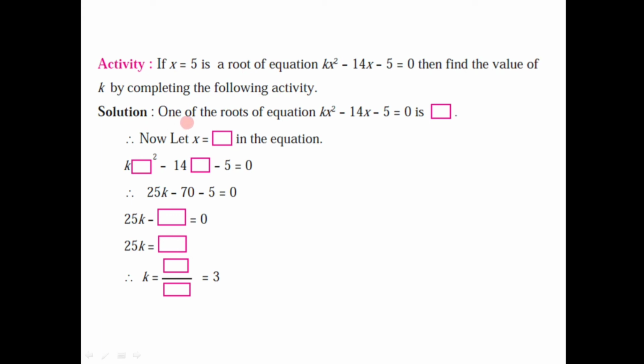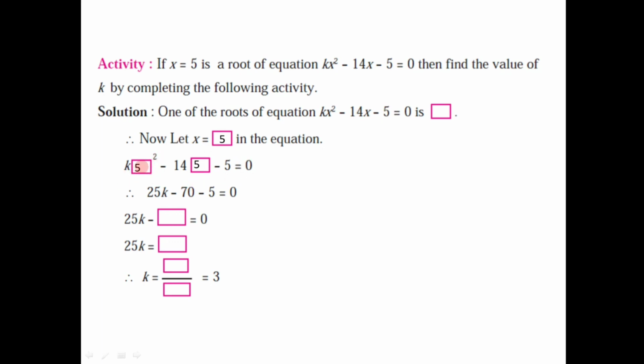So the first step in this activity is: one of the roots of the equation kx square minus 14x minus 5 is equal to 0 is given to be 5. We have to substitute x is equal to 5 in this equation. So instead of kx square, we can write k into 5 square minus 14 into 5 minus 5 as it is equal to 0.